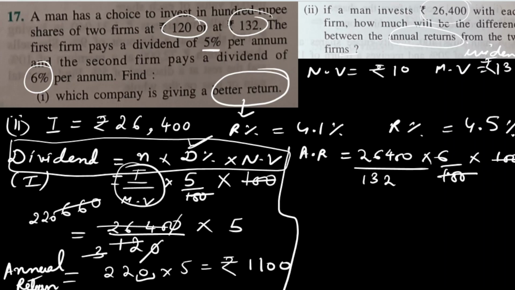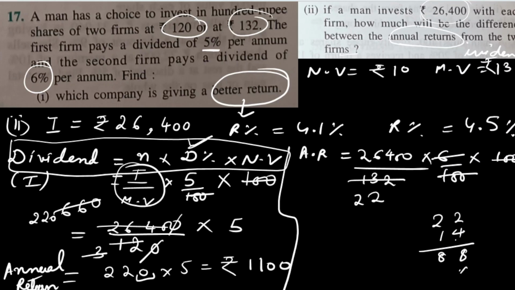So I can cancel 100 and 100. 6 with 132 I can cancel. 6 into 2 is 12, again 6 into 2 is 12. Now these two we can cancel. 22 into 4, 2 into 4 is 8.